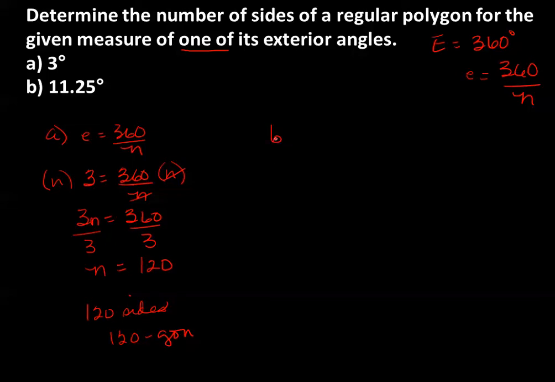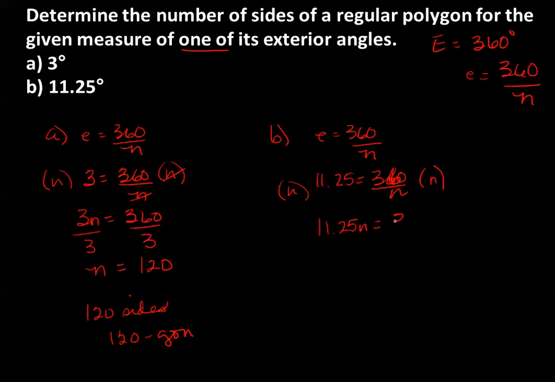Okay, part B, each exterior angle measures 11.25 degrees. So I'm going to have 11.25 equals 360 divided by n, that's a 6. I didn't want you to freak out and not know what it was. So I got to end up with 11.25n equals 360.